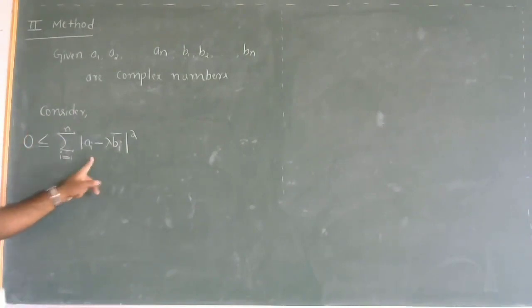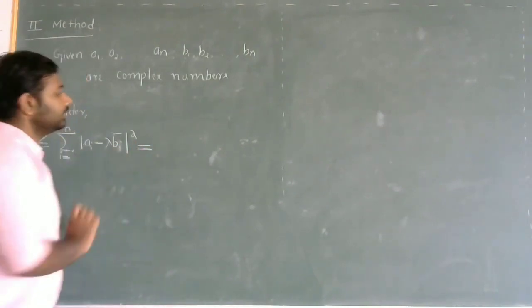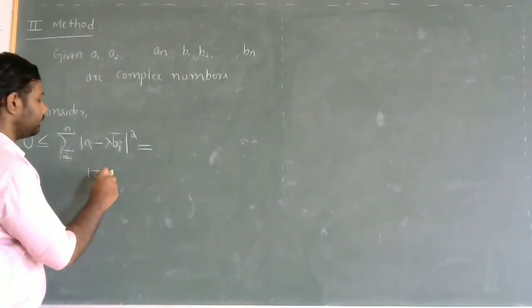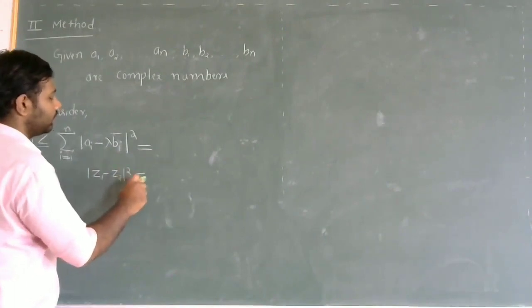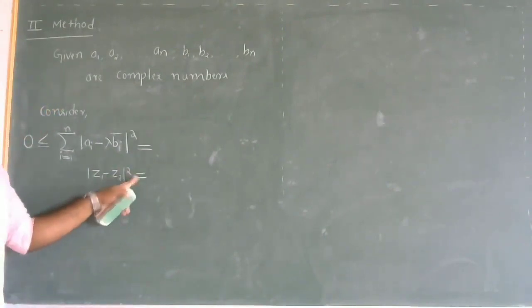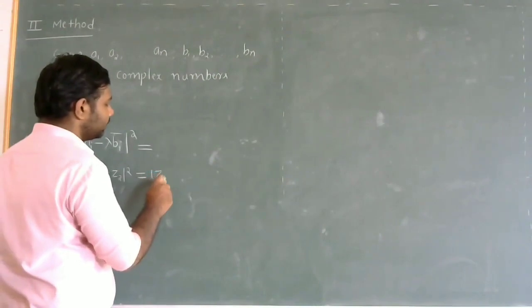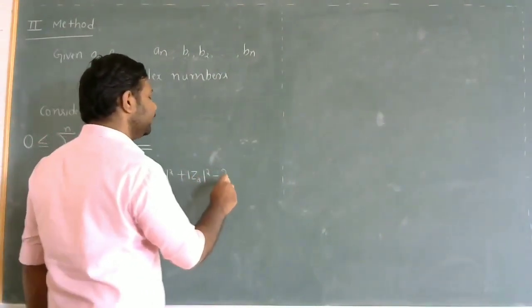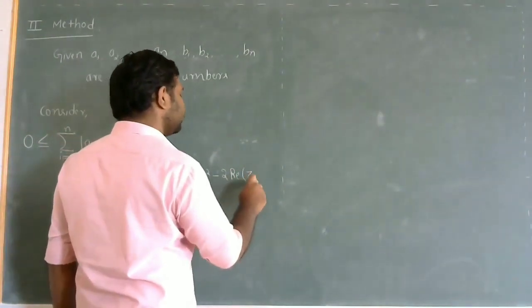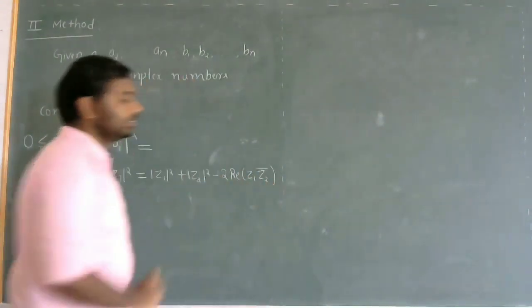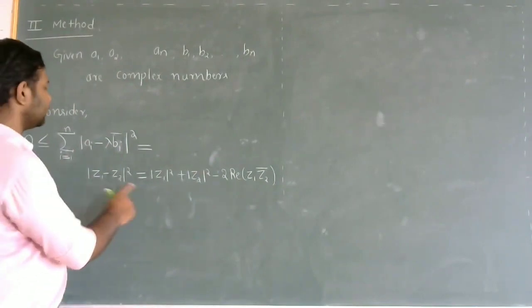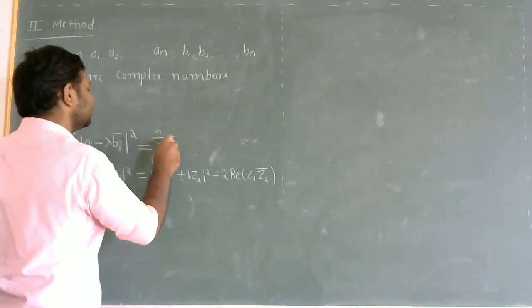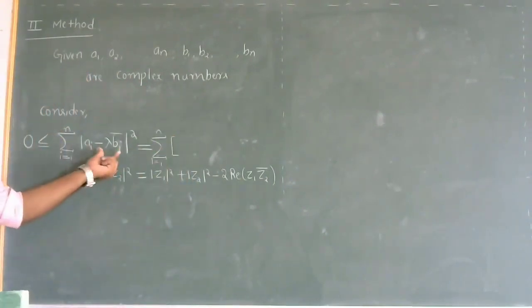So now I will start with this. Now this is equal to, using the identity: modulus of z1 minus z2 whole square is modulus of z1 whole square plus modulus of z2 whole square minus 2 into real part of z1 into z2 bar. So if I use that, the summation, i running from 1 to n, stays as it is, and inside the summation I expand this.